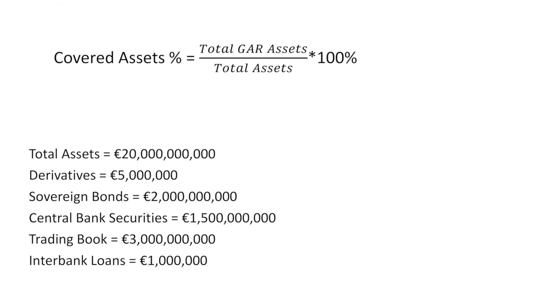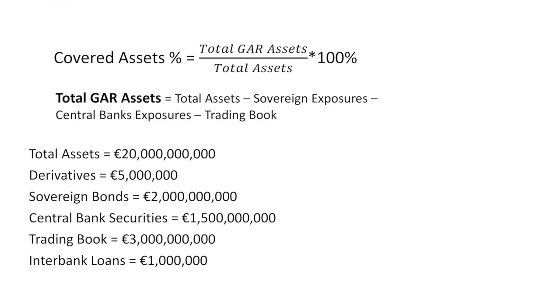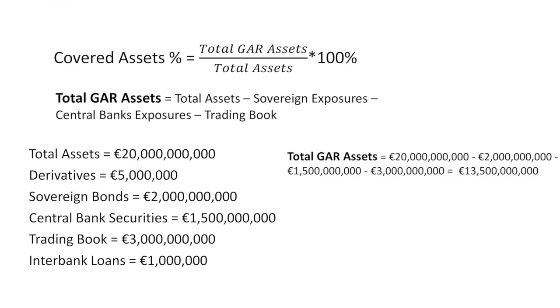We will first compute total GAR assets as the difference between total assets of the bank and all the assets that are completely excluded from the GAR calculation. This includes the trading book, central banks, and sovereigns. As a second step, we will divide total GAR assets by total banks' assets and arrive at 67% in covered assets.